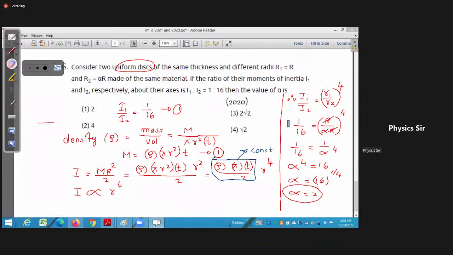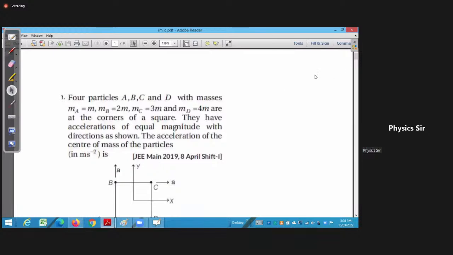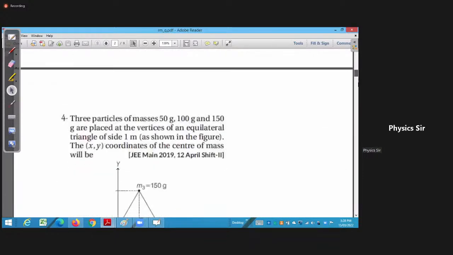Okay, 6 questions of JEE are done. Now let's solve a NEET question. There has to be a proper balance. Look at all these questions. Is it visible? These are the questions from the JEE, all from JEE 2019.